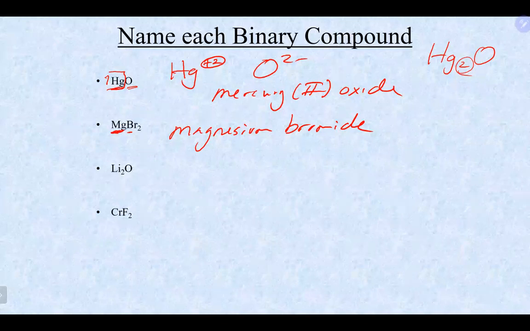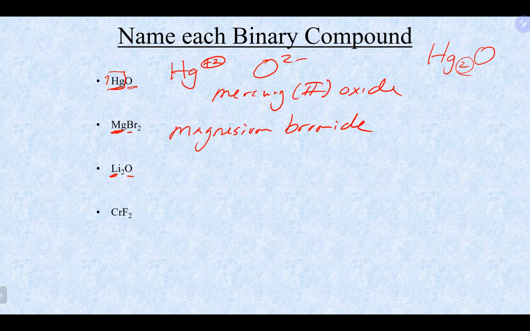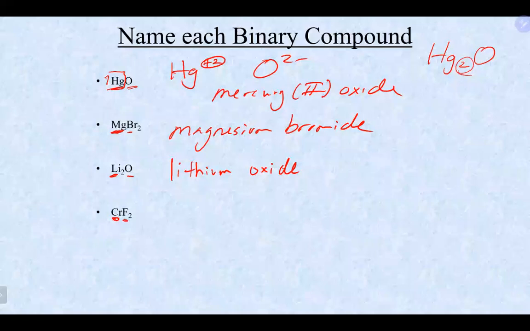Looking at the next one, which is lithium, metal, oxygen. Looking at the lithium, which is important, it is group 1, which once again means it has a fixed charge. So we could just roll right into the name. And this would be lithium. And oxygen becomes oxide. And lastly here, Cr, which is chromium, and fluorine. Chromium is a transition metal.